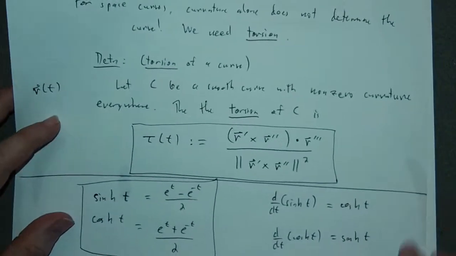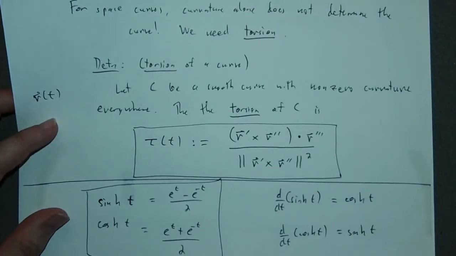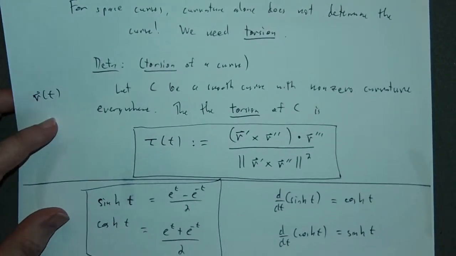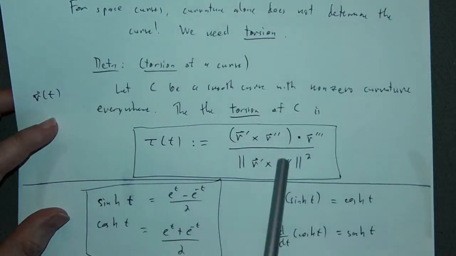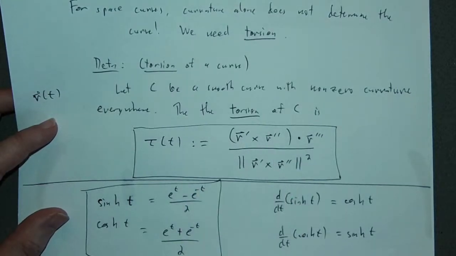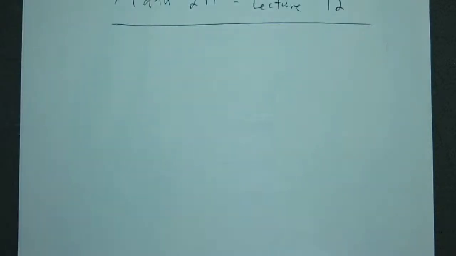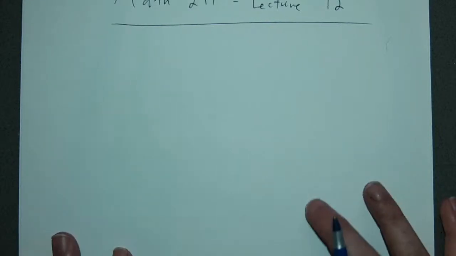So we already know what the curvature of a circle is. We computed that last time, right? And just reminding you, this is what the torsion of a curve is. So we'll compute the torsion of a circle, and then I'm going to compute the curvature and torsion of a curve that is similar in a lot of ways to the circle, and show you what is going on here.